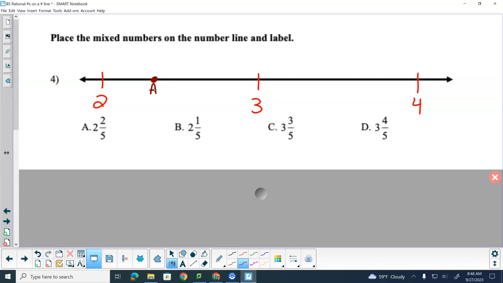So it's going to be between 2 and A. C is going to be in between 3 and 4, close to the middle, but it's actually closer to 4.